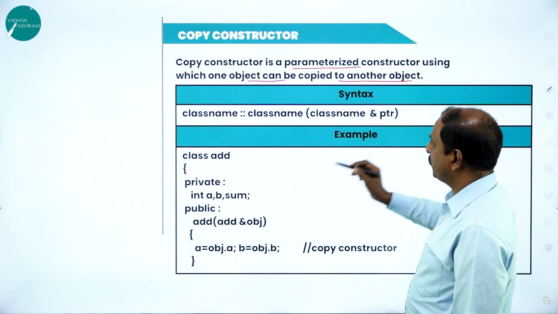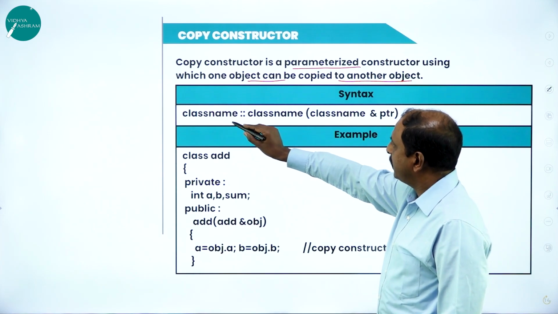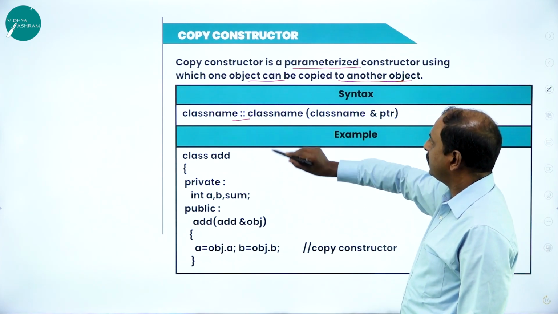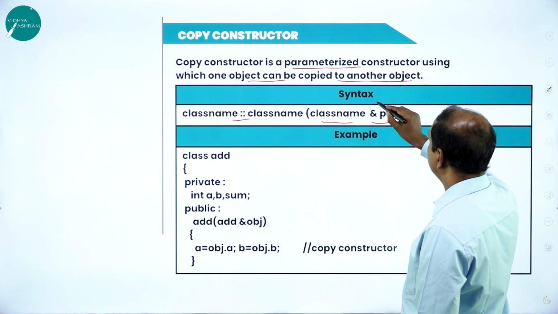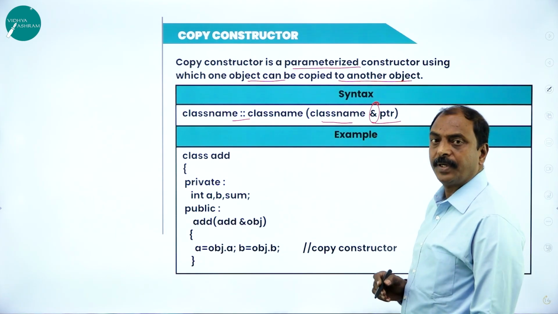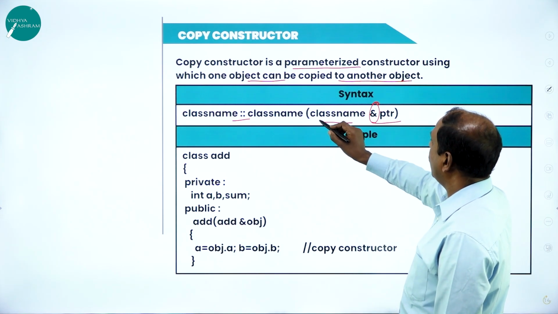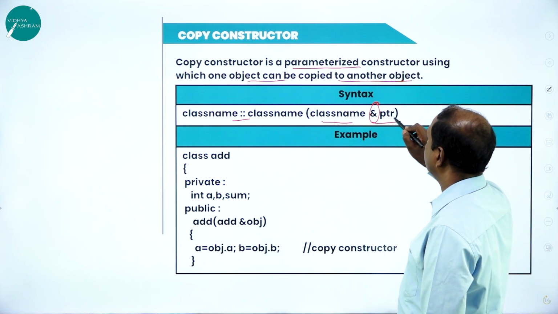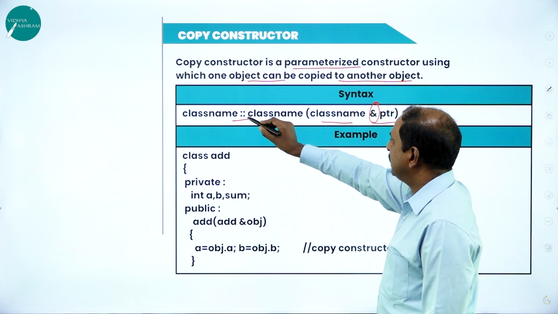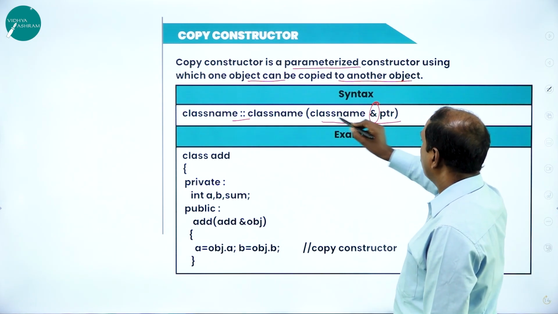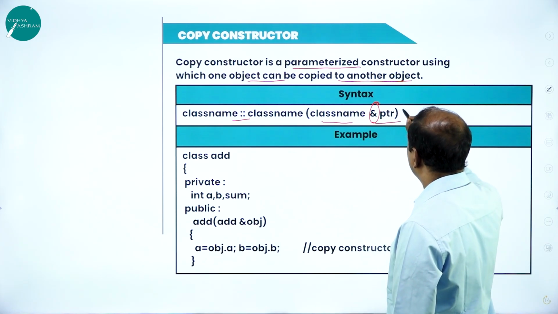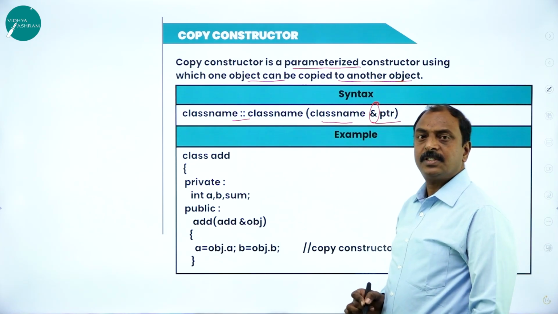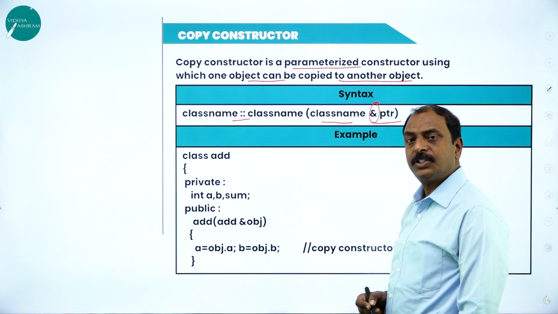Look at the syntax: class name, scope resolution operator, class name, and here the ampersand is the address-of operator, followed by the object. So this is a constructor with an argument, and observe that inside the argument we have an object. This is the definition of a copy constructor.